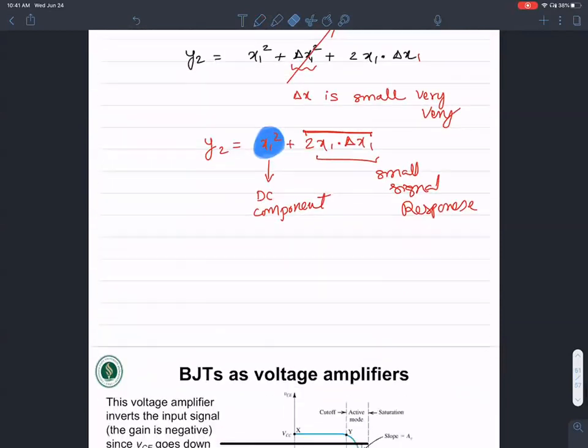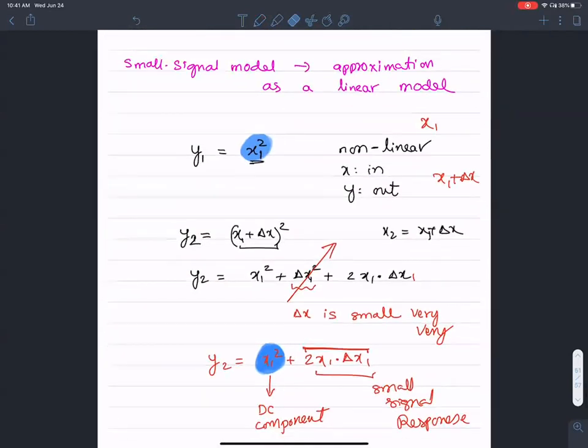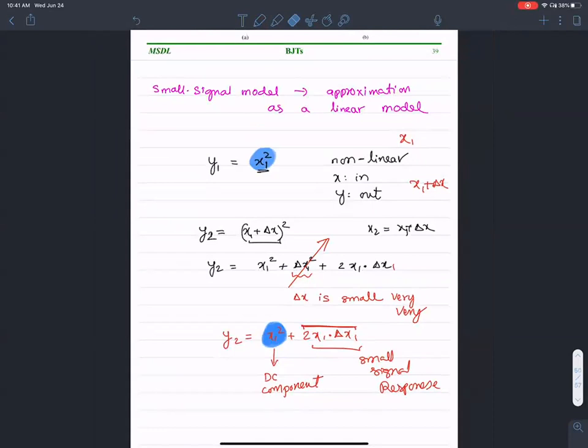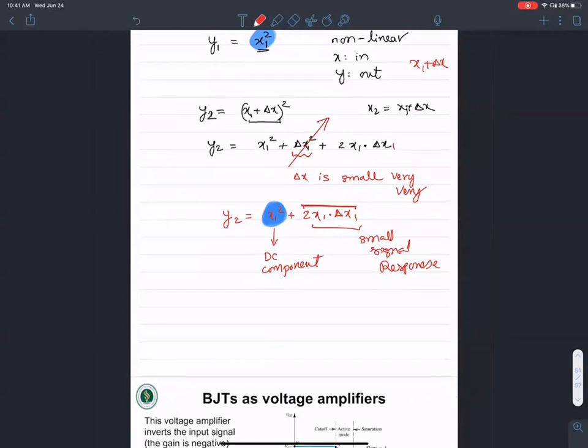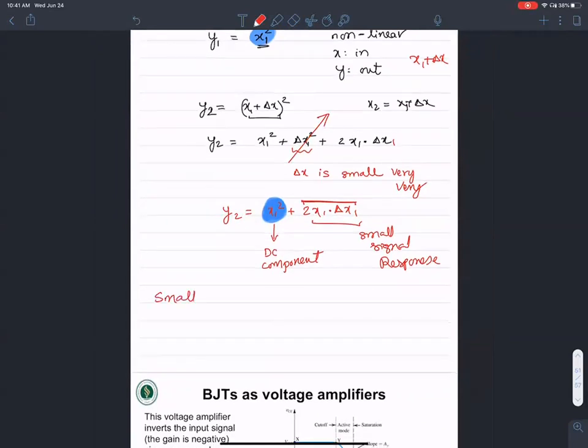Okay, some of these things may not be discussed in the textbook, but you'll see this over and over again. All you want to remember is that when you are using a small signal model, you're evaluating the response by breaking it down into a DC component and a linearized, small signal time varying component.